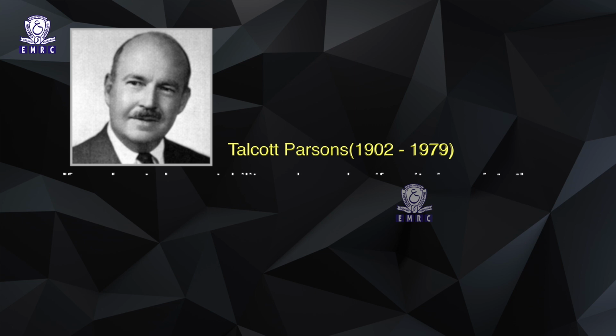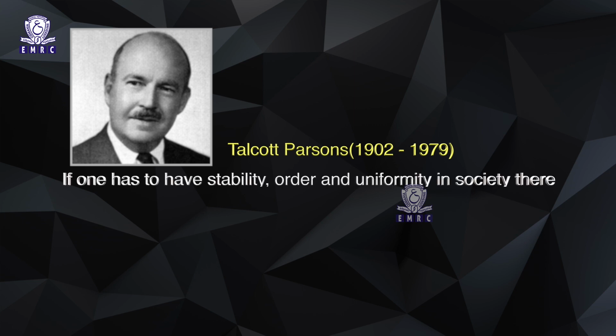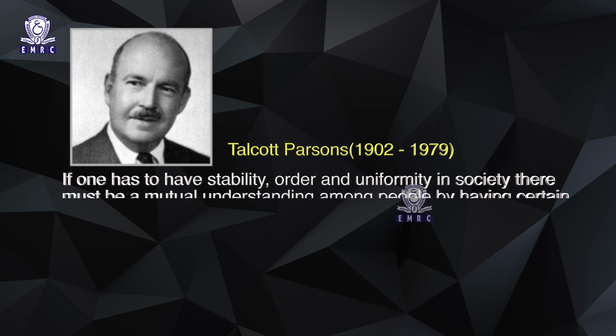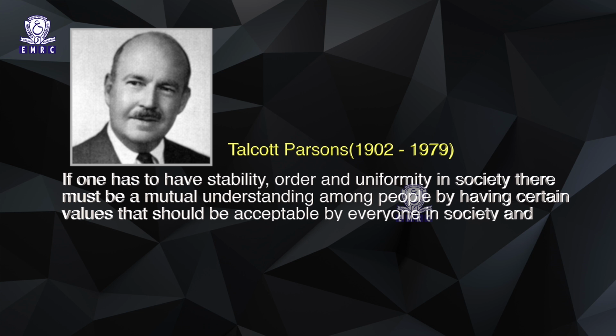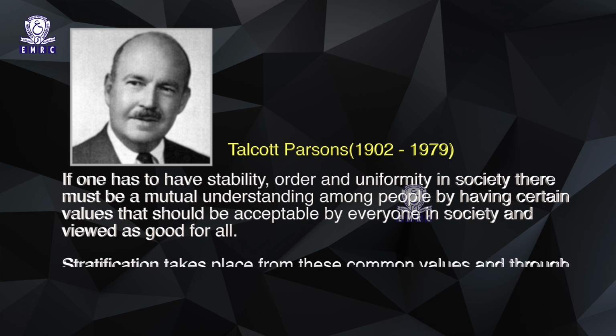According to Talcott Parsons, if one has to have stability, order and uniformity in a society, there must be a mutual understanding among people by having certain values that should be acceptable to everyone in society and viewed as good for all.